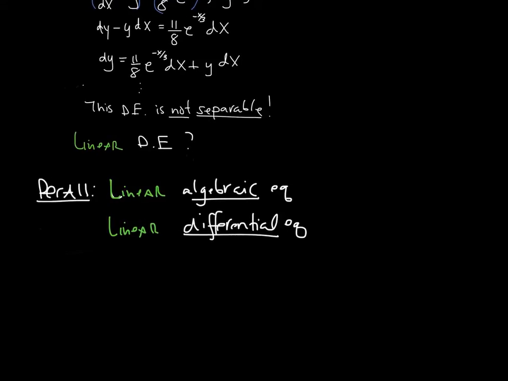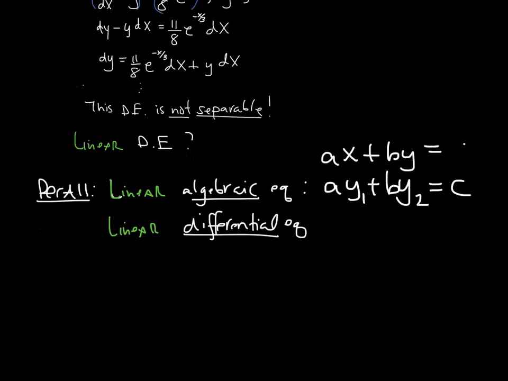Okay, so what is a linear algebraic equation? A linear algebraic equation is of the following form: ay1 plus by2 equals c. If you want, you can even write ax plus by equals c.